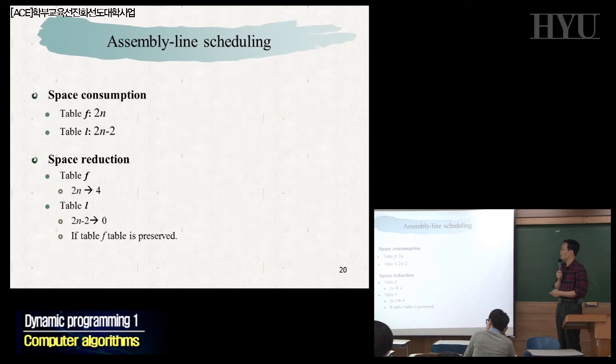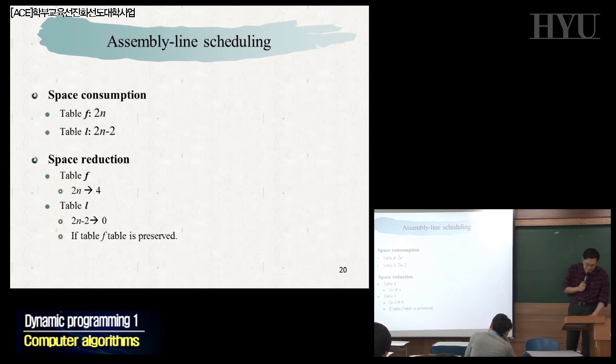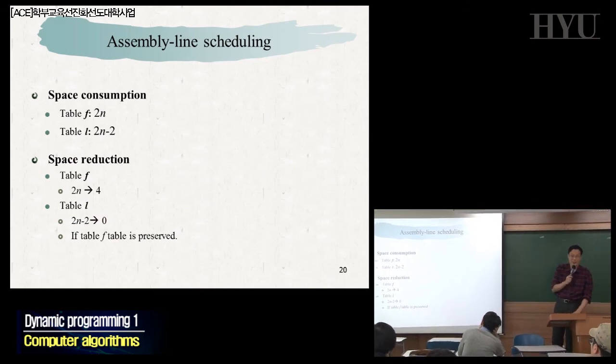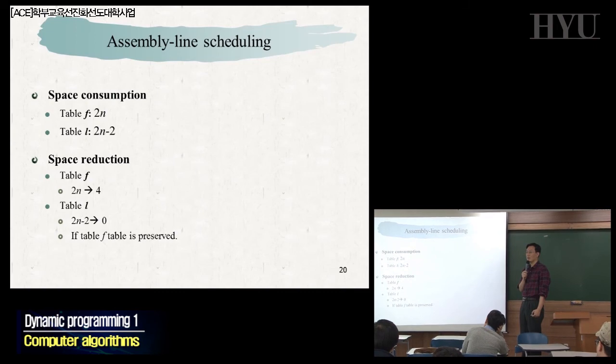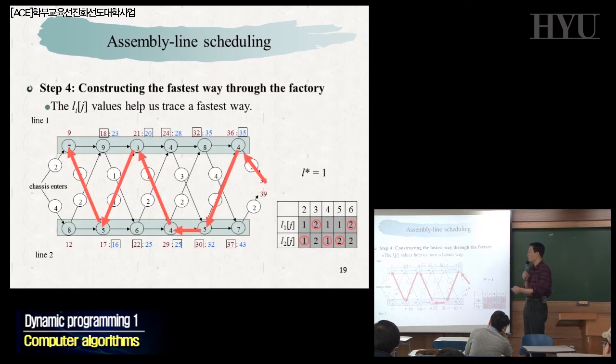And then table L has 2n minus 2 values. Why? Yes, we don't store L values for these first 2 stations.